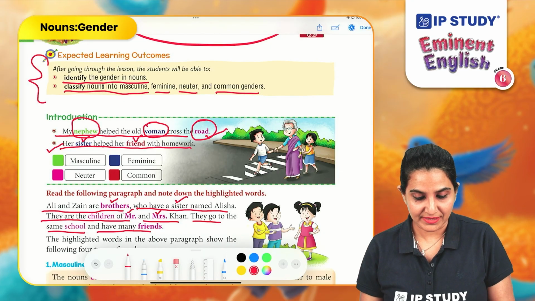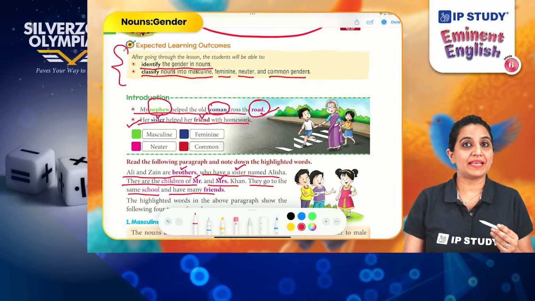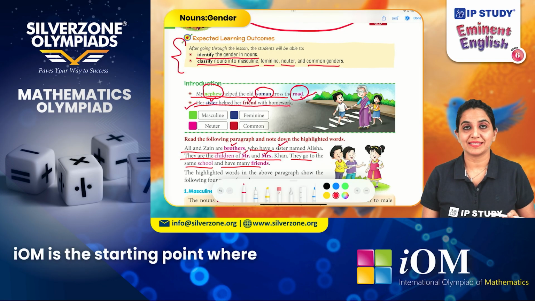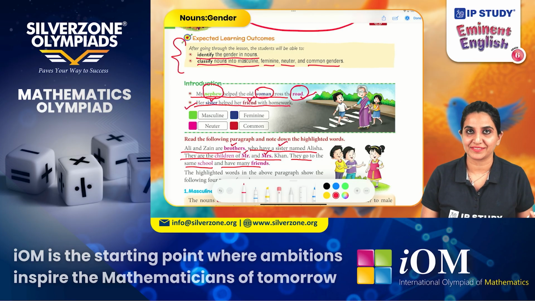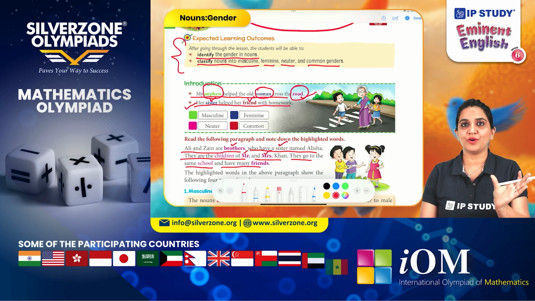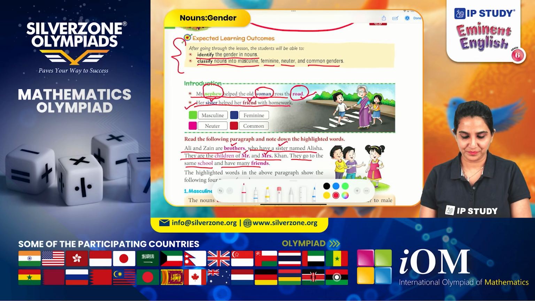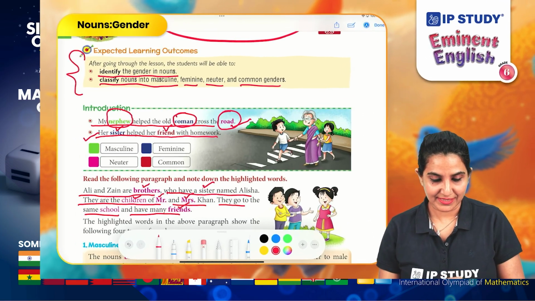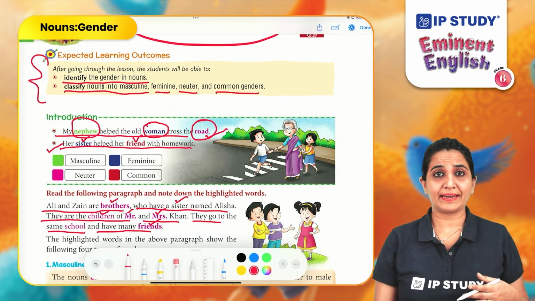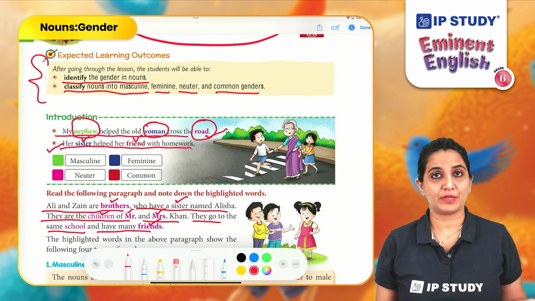Sister and Mrs. identify them as females. That means they belong to the female group. Hence, they are the feminine gender. Children and friends. Now, children, there can be male children, there can be female children.